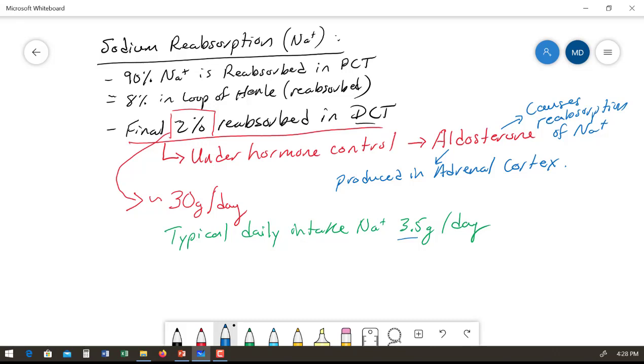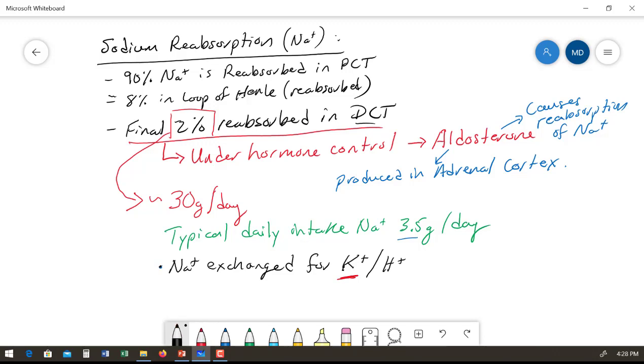One other note I would make here, and I'm going to make it down here at the end, is that the sodium that's gained from the filtrate is exchanged for potassium or for hydrogen, for either one of those. But typically it's the potassium that it's exchanged for, so we'll start with that.